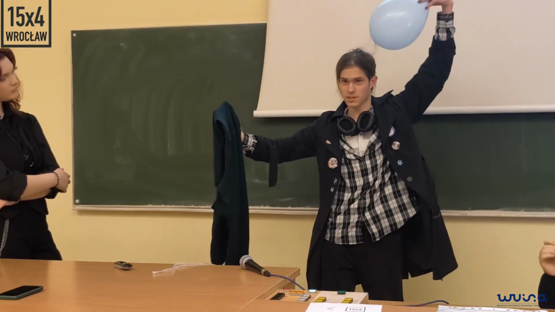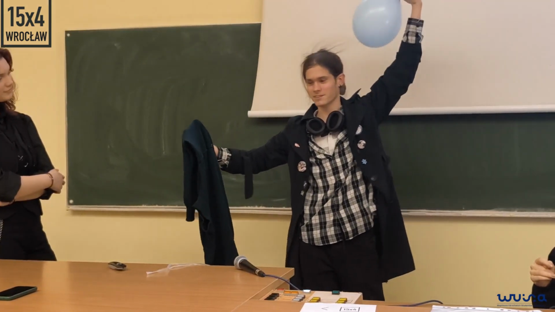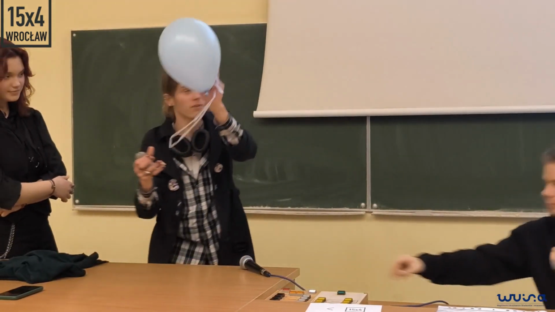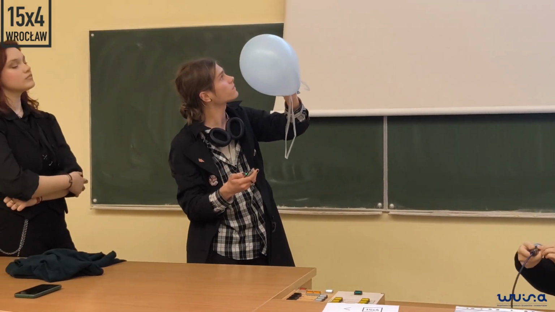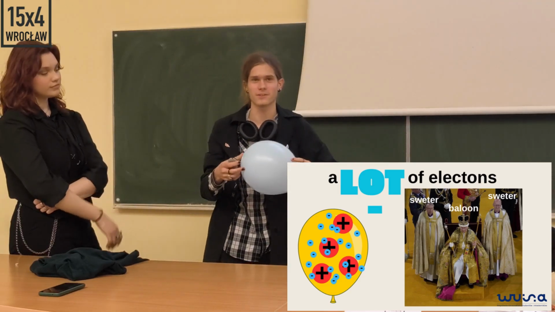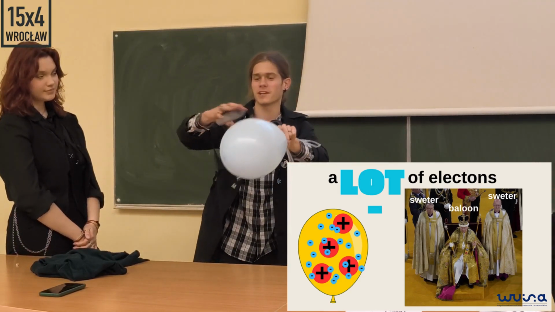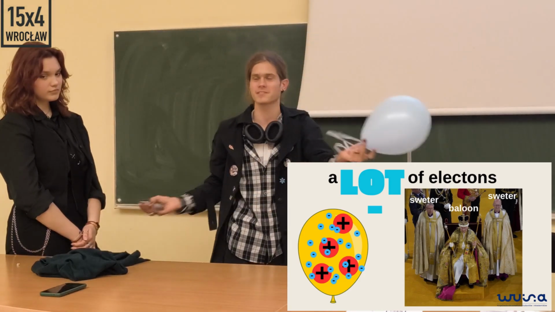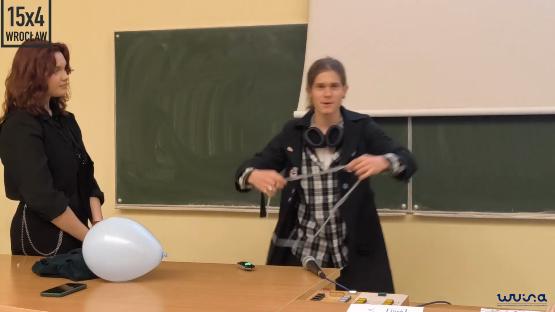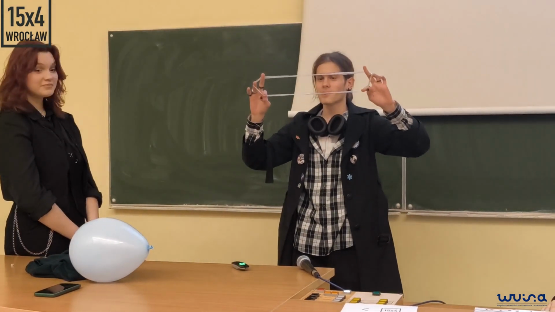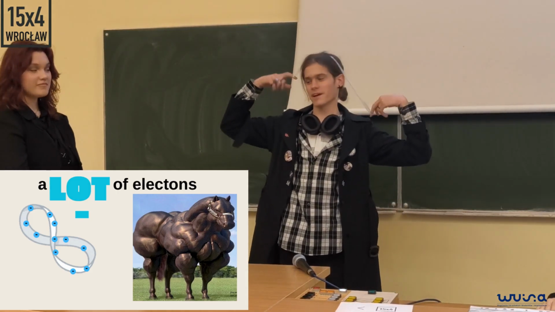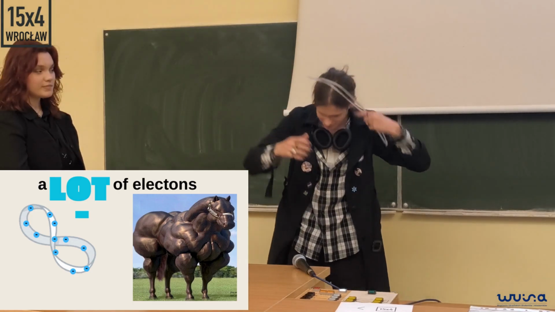So for instance, you can now see that my hair gets sticky to that. And similarly, now we have this balloon, so it now has a lot of electrons. Imagine you have a balloon and imagine a lot of electrons here. You can't see them, but there are electrons. And a similar thing was happening with this strip when I was rubbing it through my hair, similar to a sweater.